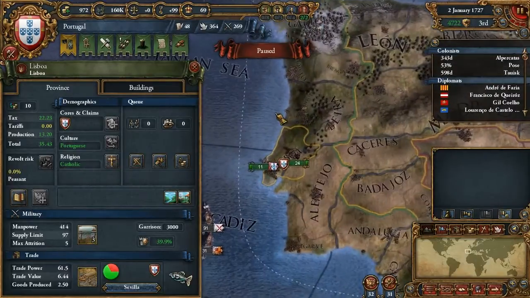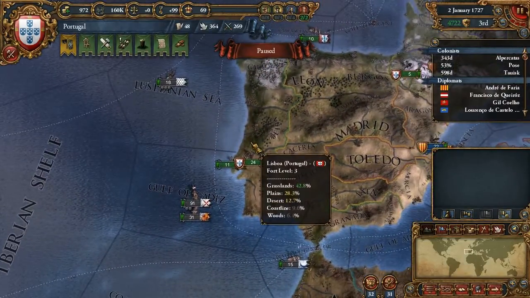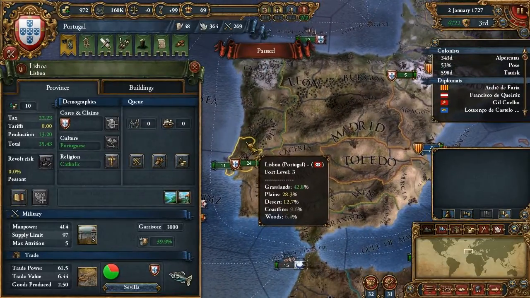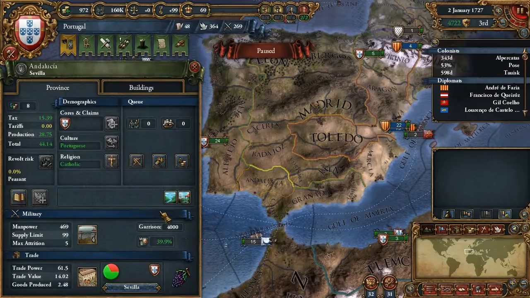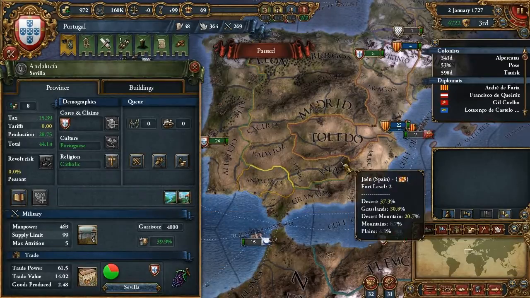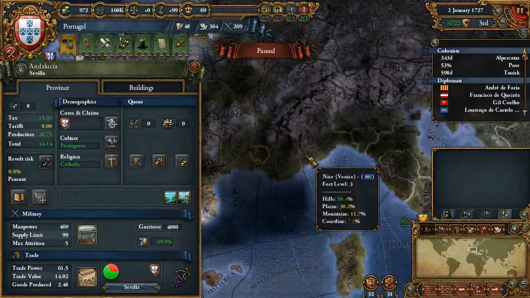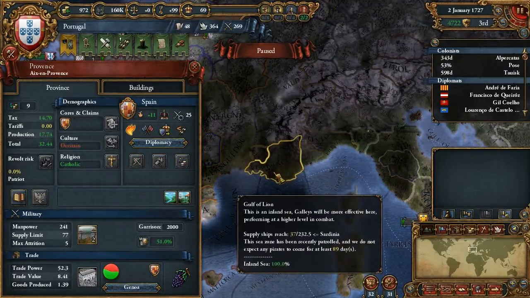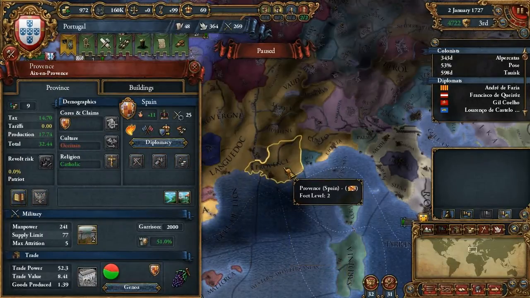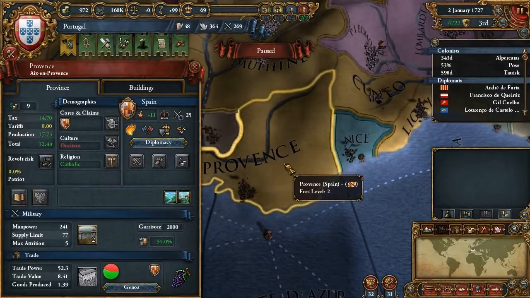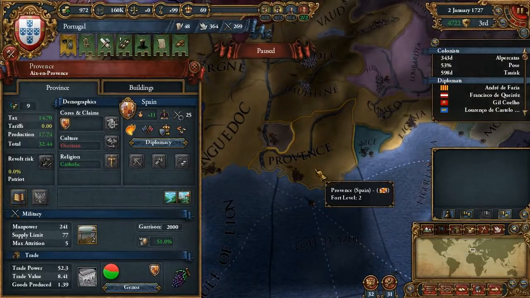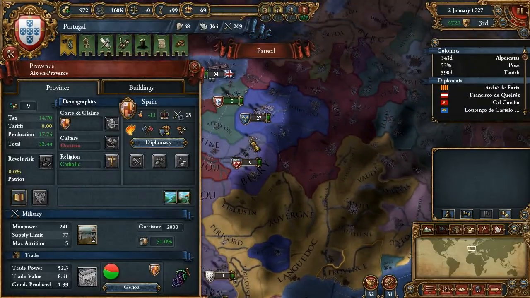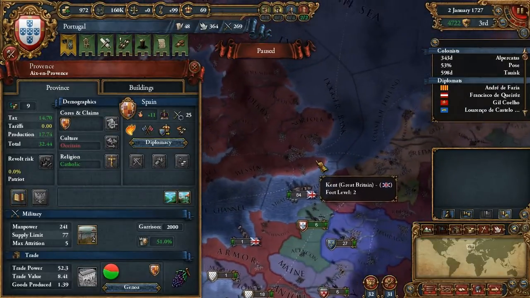Some of the key Europe locations for that are the capital of Portugal, then Andalucia, I'm not sure if I pronounced it right, which also has both bonuses. If we go around here, one of the provinces here has it, yes. This province, it's called province. Okay, province called province, never mind.